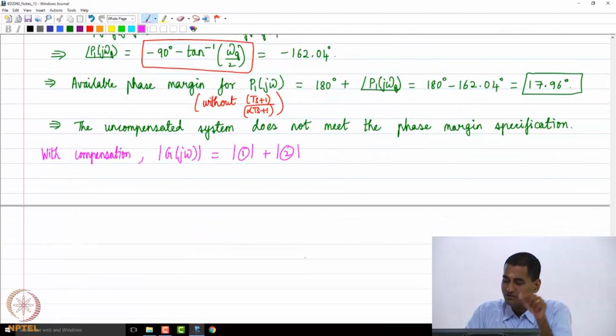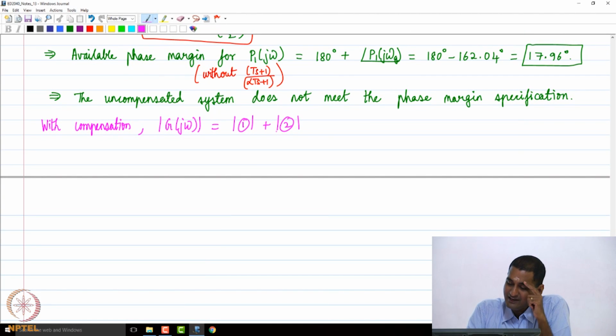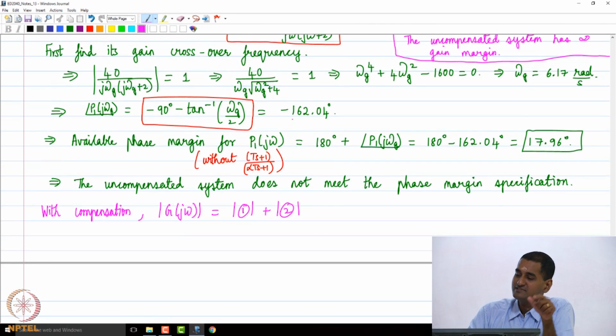Factor 2 has a gain crossover frequency of 6.17 radians per second, but at that frequency the magnitude of 1 is not 0, because it's going to be some slight positive decibels, since that's the frequency at which I want to add some phase.